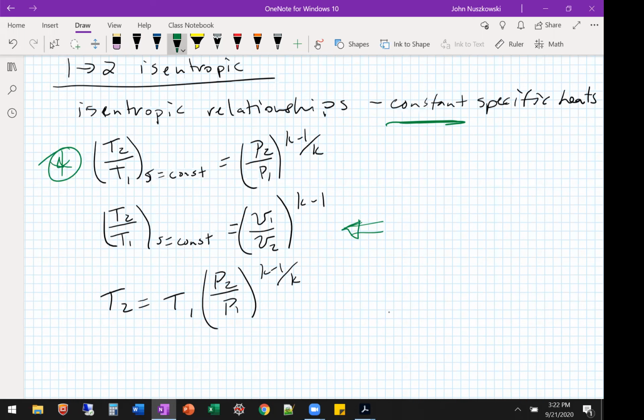So in this case, we have temperature 1 in absolute because we're multiplying it times something. We have P2 over P1, which is also the pressure ratio.